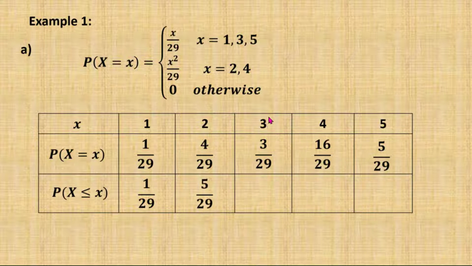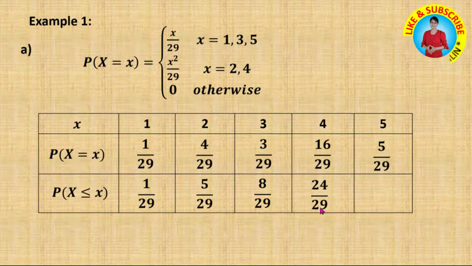The sum up to and including 3 is 8 over 29. The sum up to and including 4 is 24 over 29. And finally, the sum of all the probabilities up to and including 5 is equal to 1.